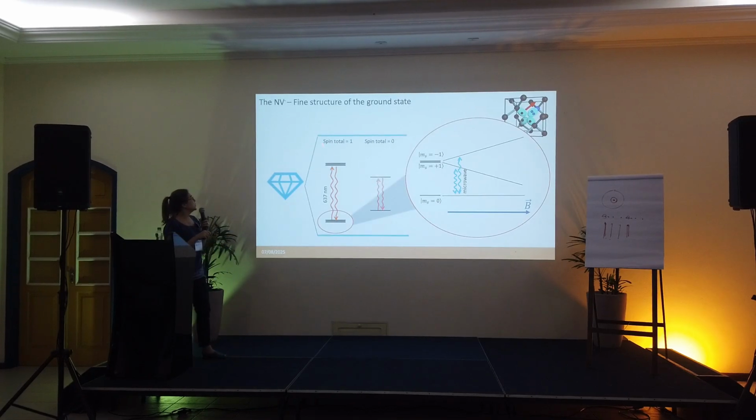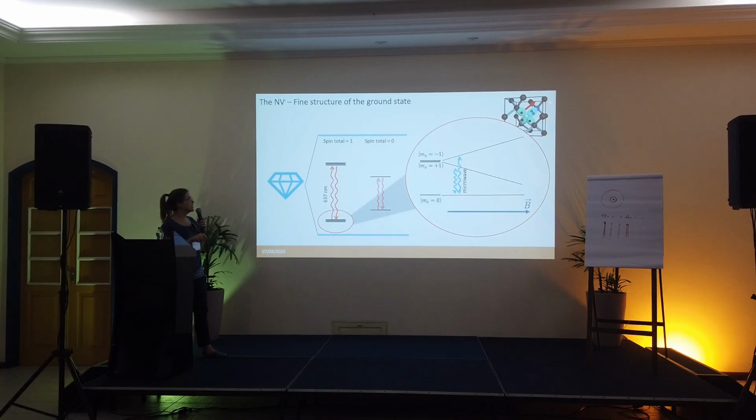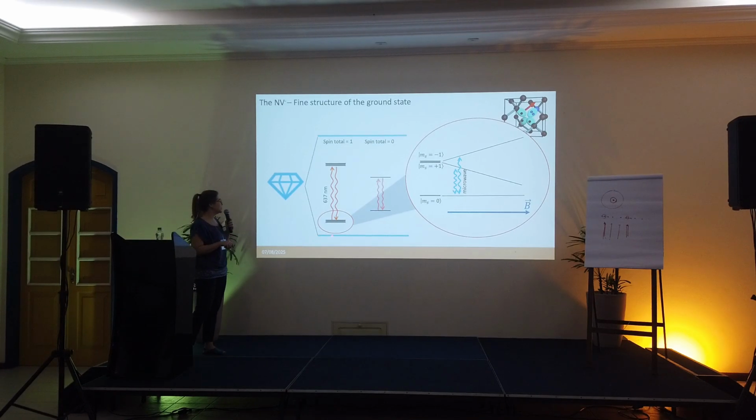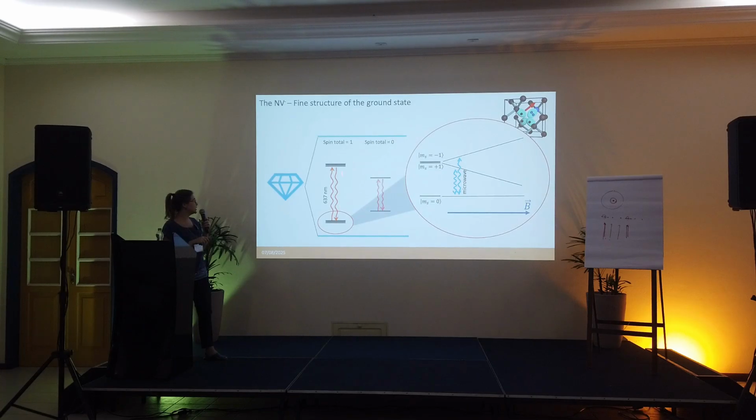Right. So what we said yesterday is the NV center in diamond is a defect over here. It's a nitrogen next to a vacancy. It sits in this diamond crystalline lattice. The diamond lattice functions kind of like an inert host. It only interacts with the system through these phonons. The electronic structure of this defect looks a little bit like this. So we have a spin triplet ground state, a spin triplet excited state.